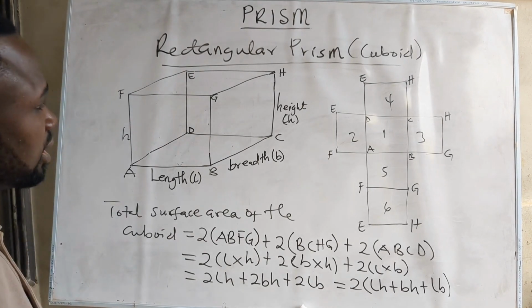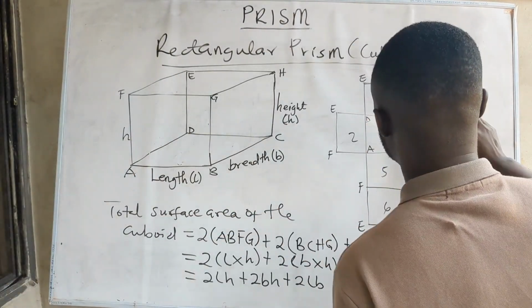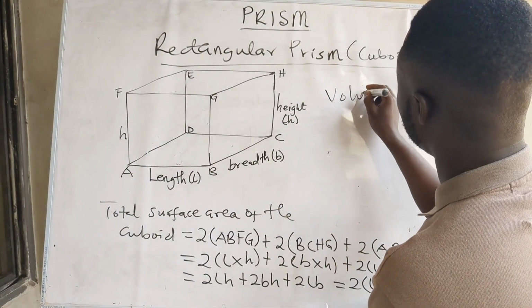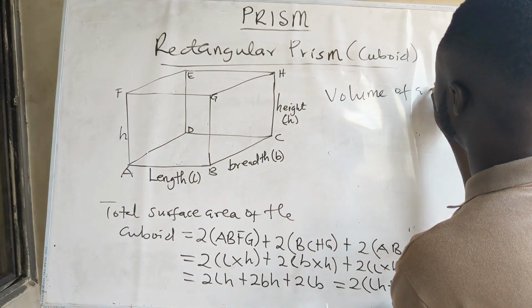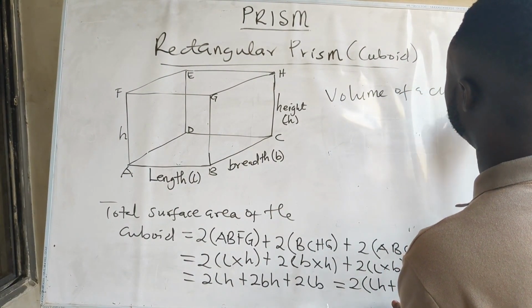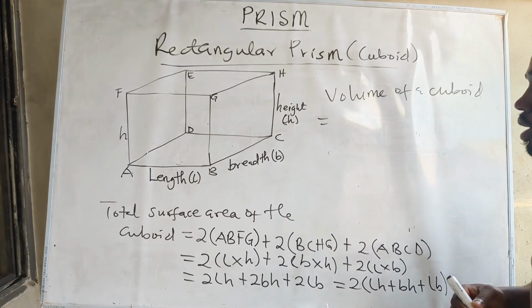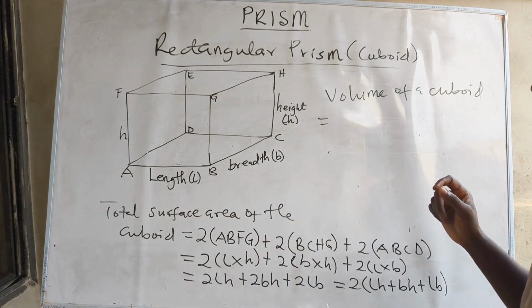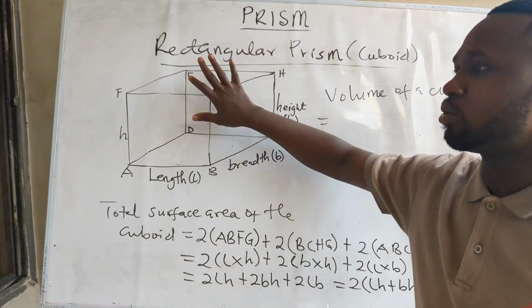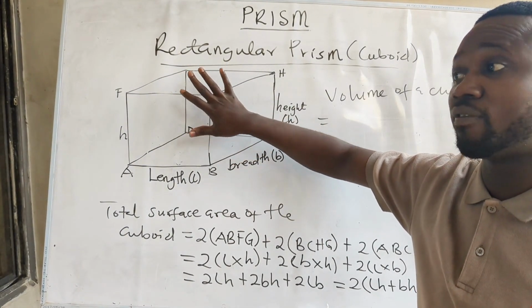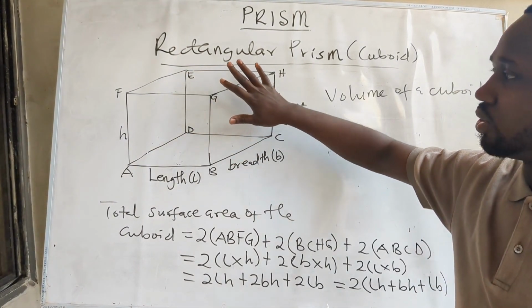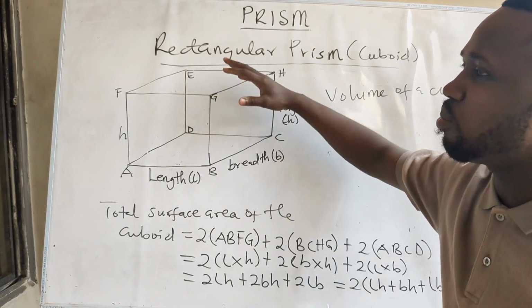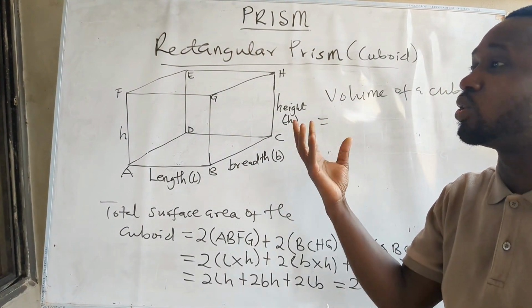We are going to look at the volume of the cuboid, the volume. So volume of a cuboid. Okay, so let's look at the volume. When we talk about volume, it is actually the amount of space in this particular figure, or how much quantity it can contain.